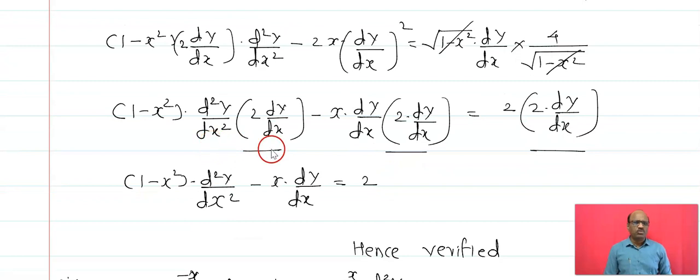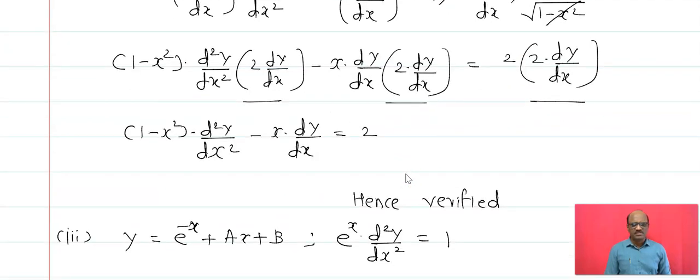Now from both sides, see these underlined terms, 2 into dy by dx, they get cancelled, and then you will get 1 minus x square into d2y by dx square minus x into dy by dx equals 2, and hence it's verified.